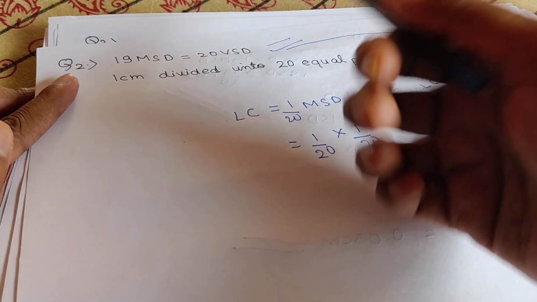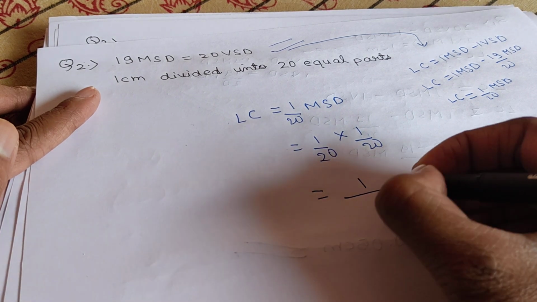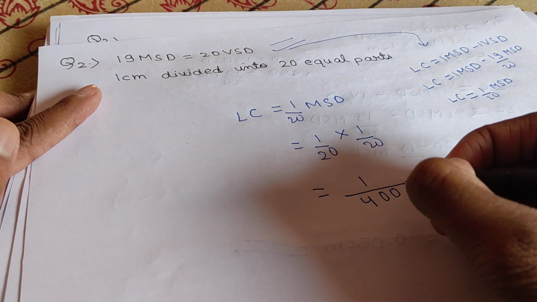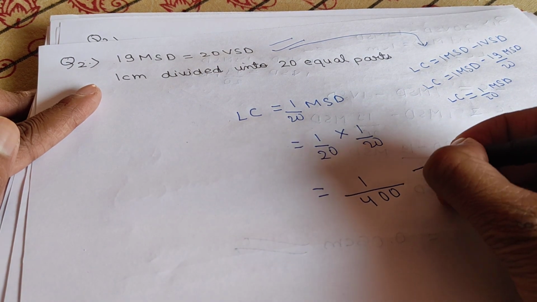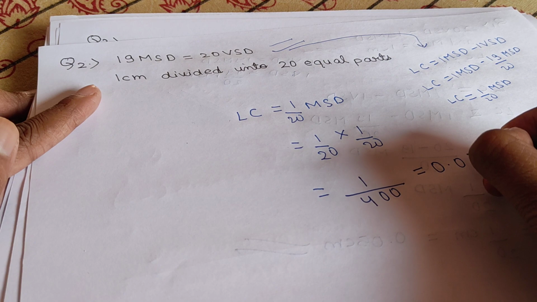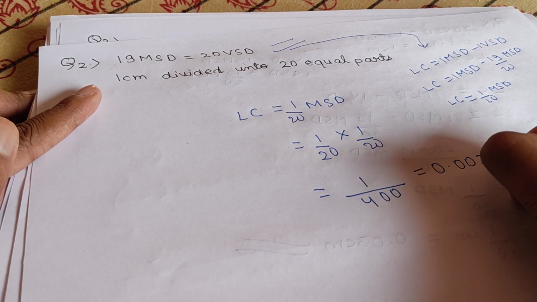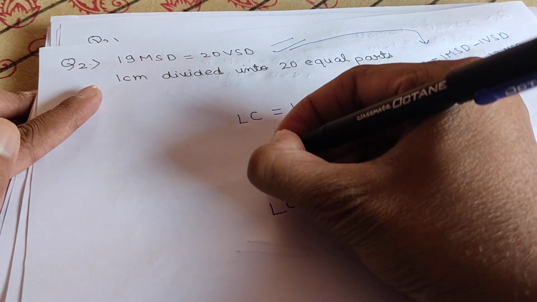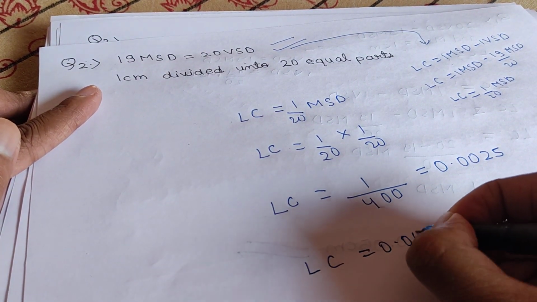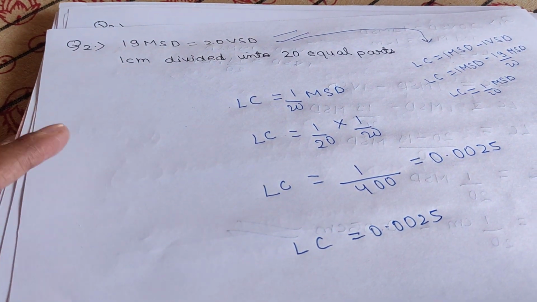So when you solve it into decimals, it becomes 0.0025. This is our least count.